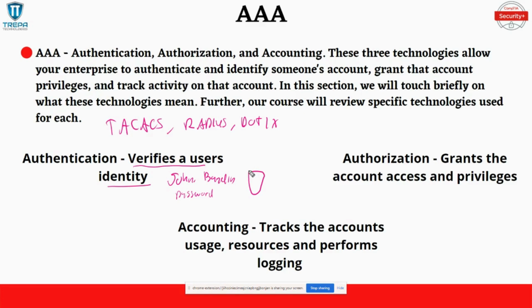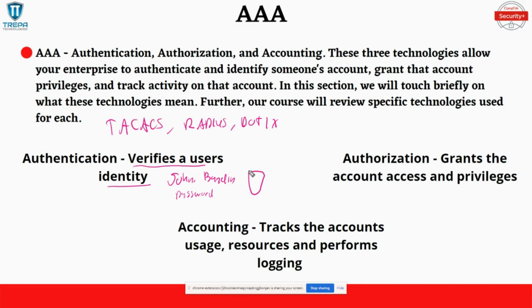So once you authenticate onto the enterprise, right? Maybe you're using Active Directory, just as an example. And now once you're authenticated, we're going to apply policies to your account that say, okay, the username John.Bandon, he can go in and troubleshoot and manage the Exchange server, but he is hands off the file server. So authorization, the term describes granting account access and privileges.